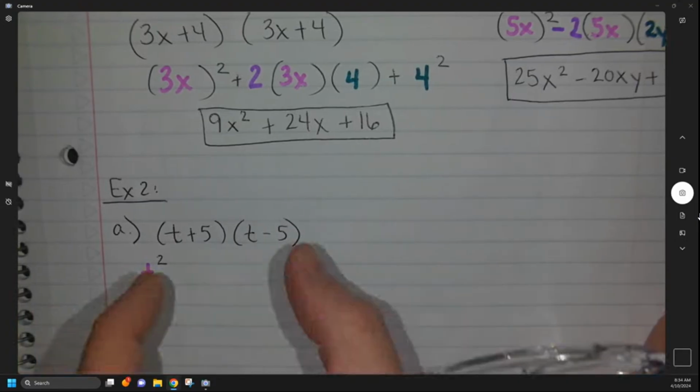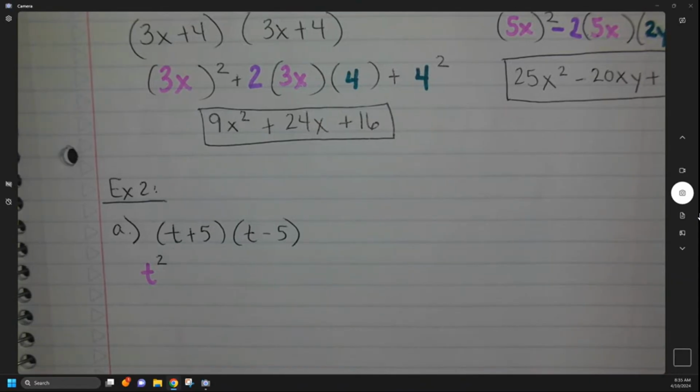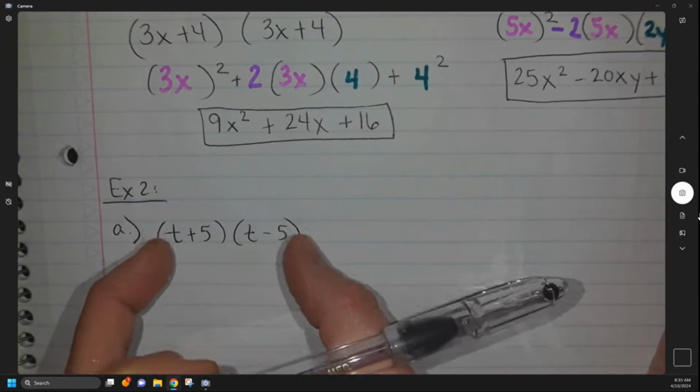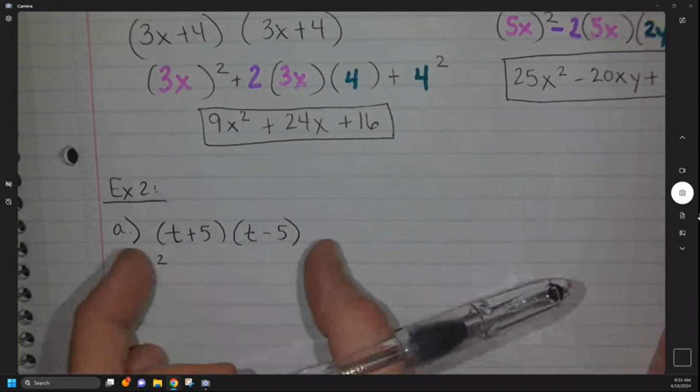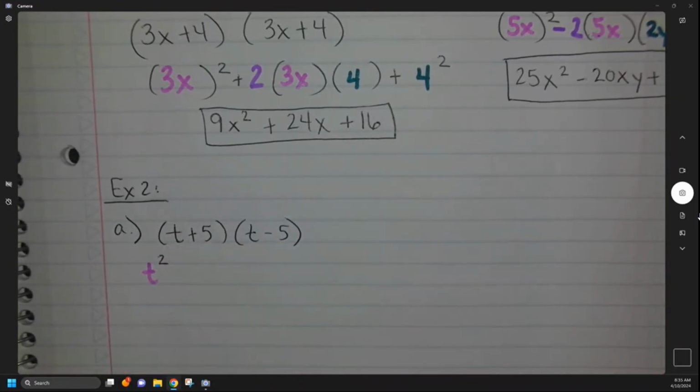Then I want to look at these outside terms first, right? Because in the other ones, everything was positive, or everything was negative. We had 2 of the a plus b, or we had 2 of the a minus b. This time we've got 1 of each. So let's look at these outside terms and inside terms separately. My outside terms, negative 5 times t, gives me negative 5t.